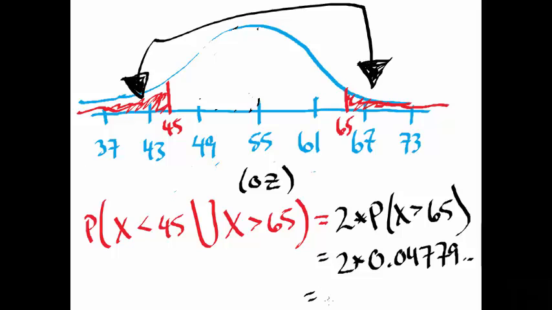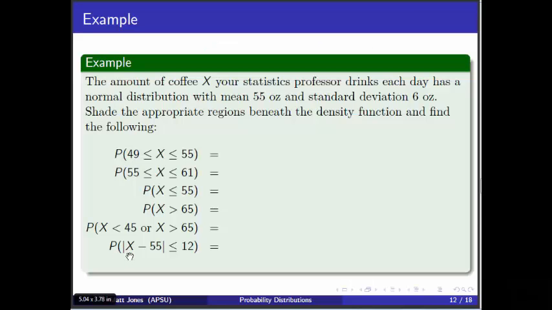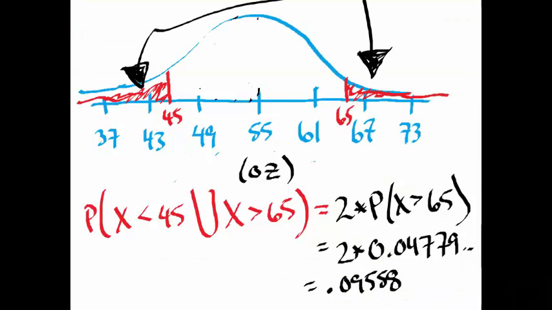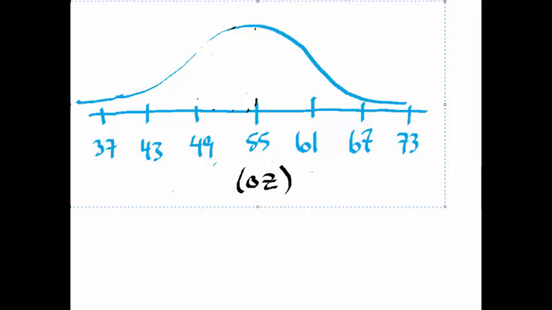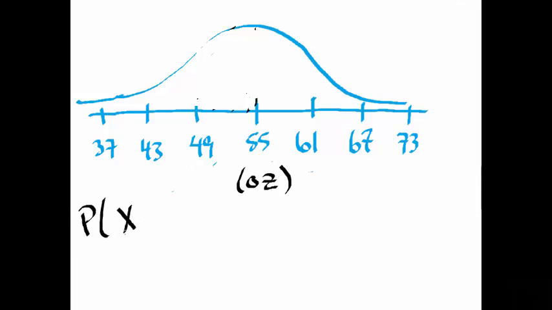0.09558. What about the probability that, what does this mean? What's the probability that x minus 55 in absolute value is less than or equal to 12? Let's get a picture. That's what I always like to do to try to figure this out. What does absolute value do?